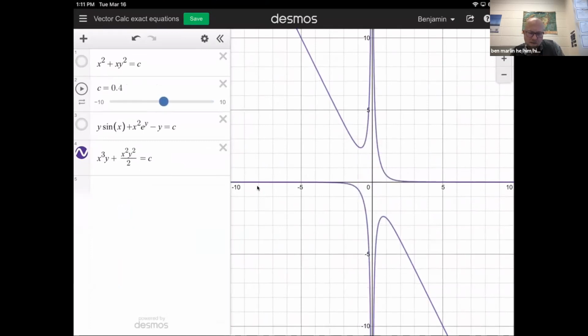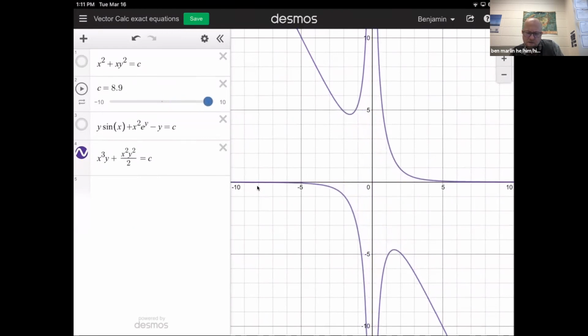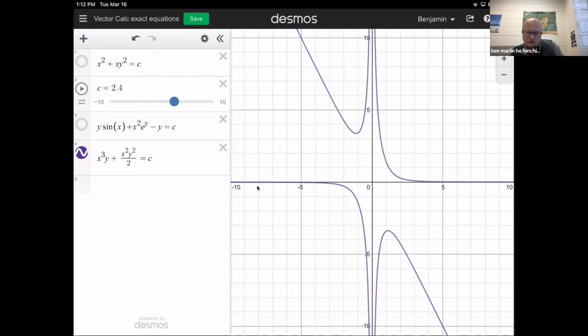But as we have positive C values, you can see that you have positive solutions, the ones that are above the x-axis, and negative solutions. And there's a kind of symmetry to them as well. You also have a discontinuity happening there at x equals 0, which, remember, was something we said we couldn't have, our solutions allowing x to be equal to 0.